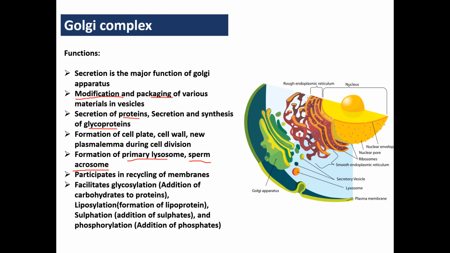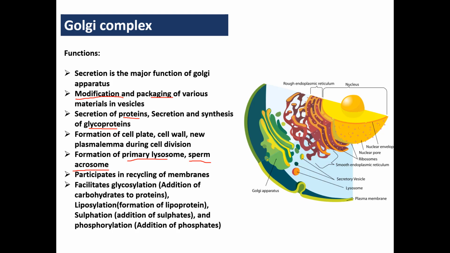It also participates in recycling of membranes. So the older lipid bilayer is removed, and the Golgi apparatus synthesizes new lipid bilayer, which, by using the secretory vesicle, gets fused to the plasma membrane.